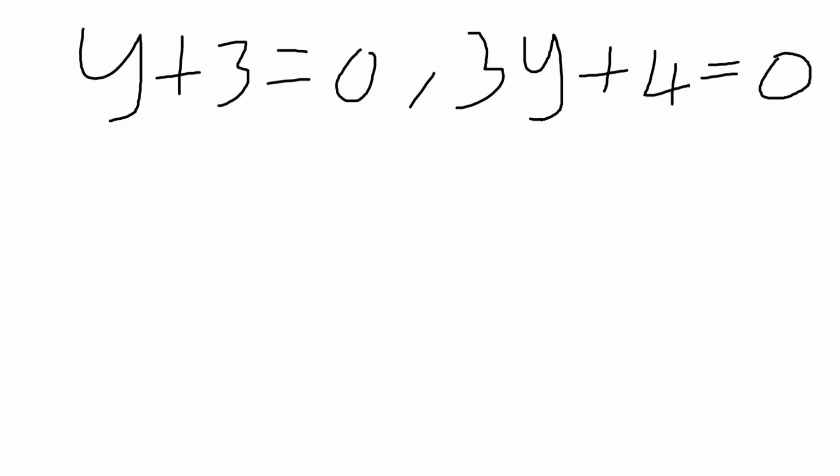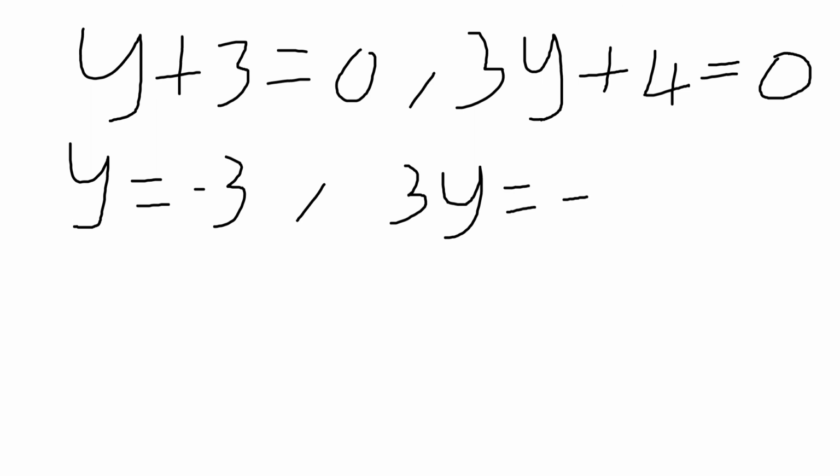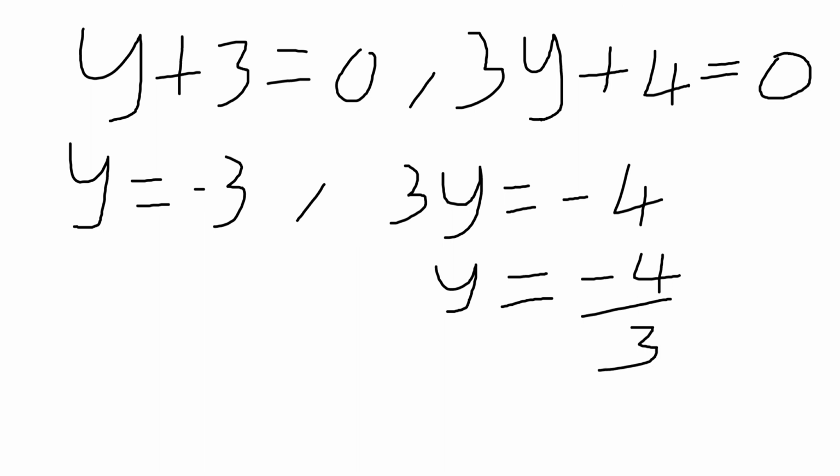Our y will be negative 3, and we can see that 3y will be negative 4, so that y will be negative 4 divided by 3 when you divide both sides by 3, right? So these two values are the solutions to our quadratic equation.